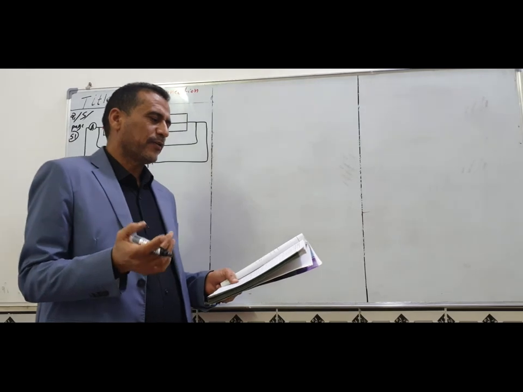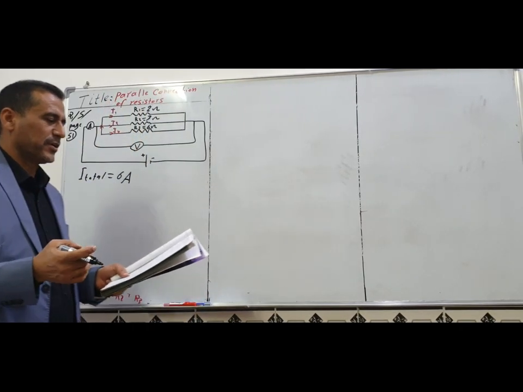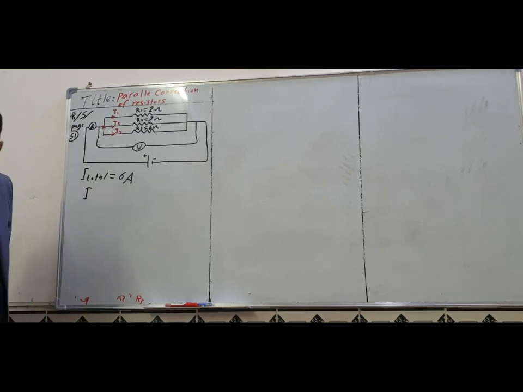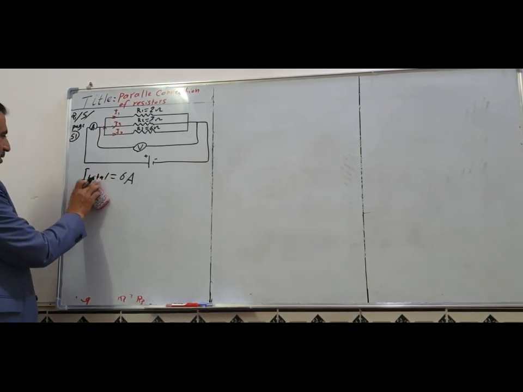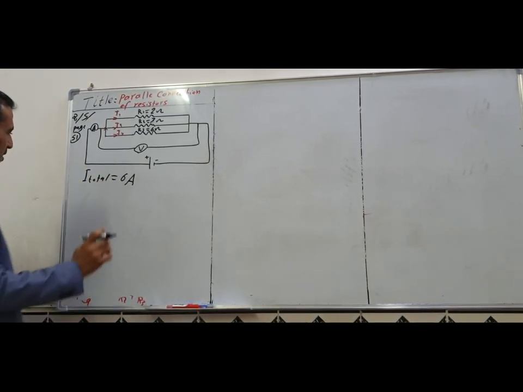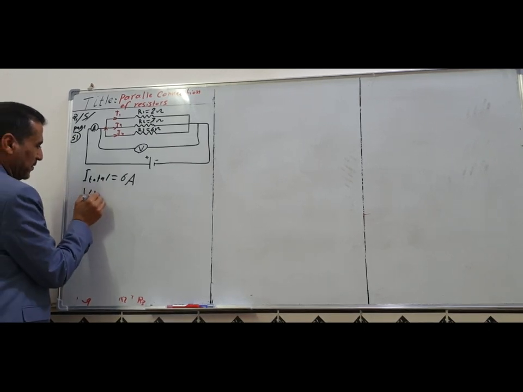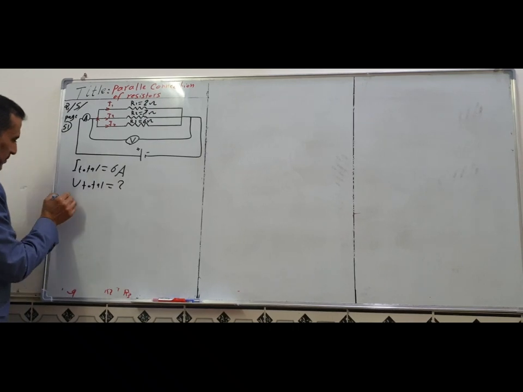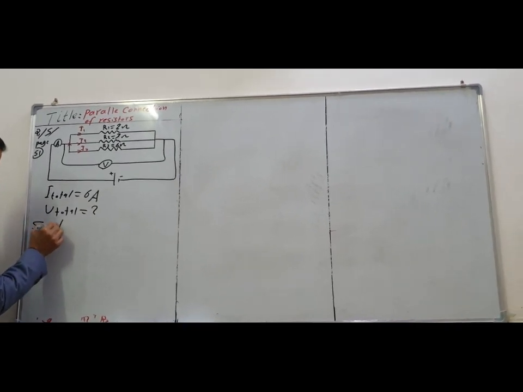Then the reading of the voltmeter in this circuit represents the amount V total in the electric circuit. Solution.